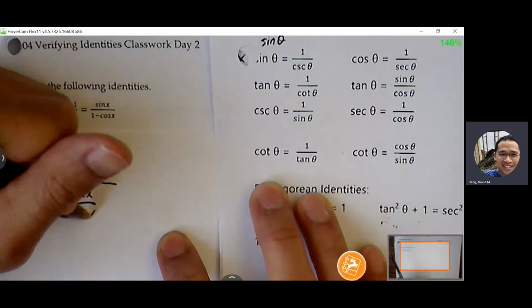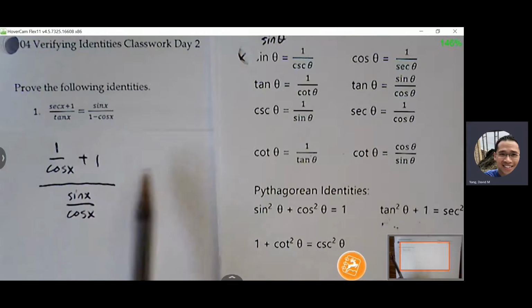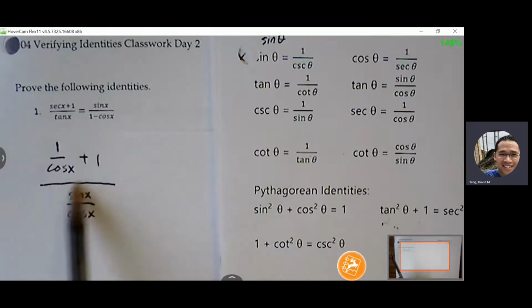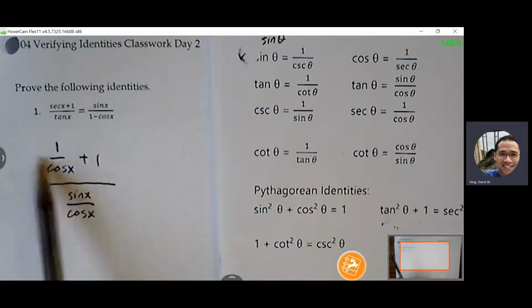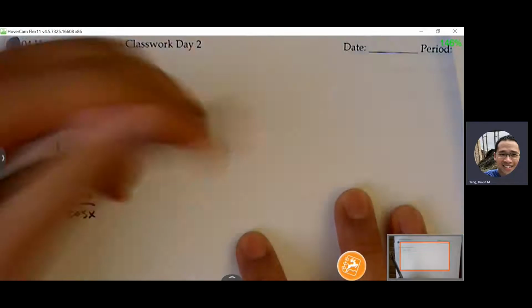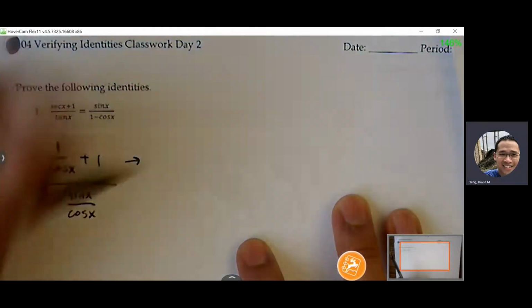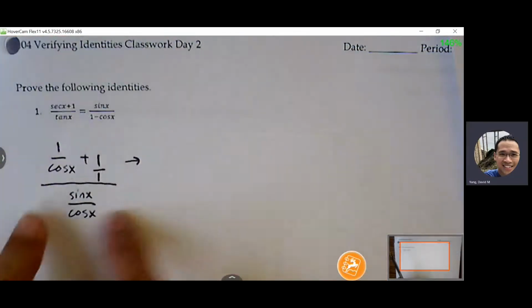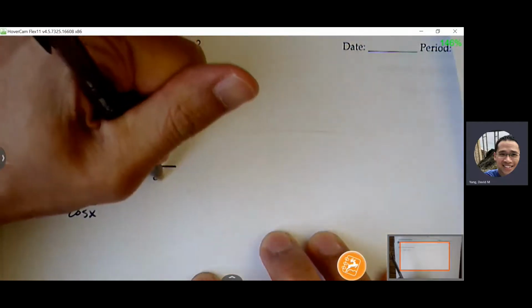What made this a little more difficult than the previous ones is that we have a complex fraction. We definitely want to multiply by the reciprocal, but this is still unresolved. We want to get this down to 1 fraction, which means we need to find a common denominator just for that numerator portion. This 1 is really a 1 over 1, which helps us see clearly that a common denominator is going to be cosine of x.